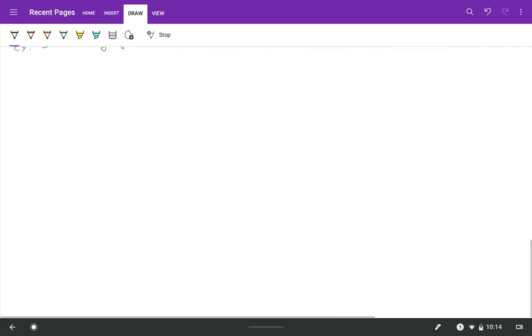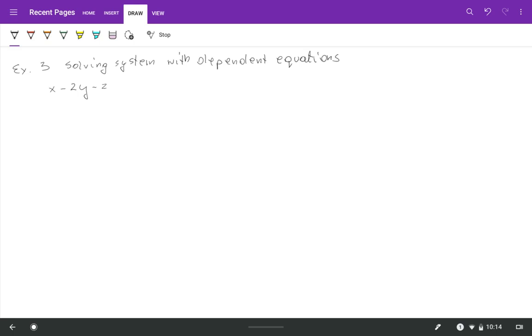Okay, so the first equation is x minus 2y minus z equal 8. 2x minus 3y plus z equal 23. That's equation 2. 4x minus 5y plus 5z equal 53.